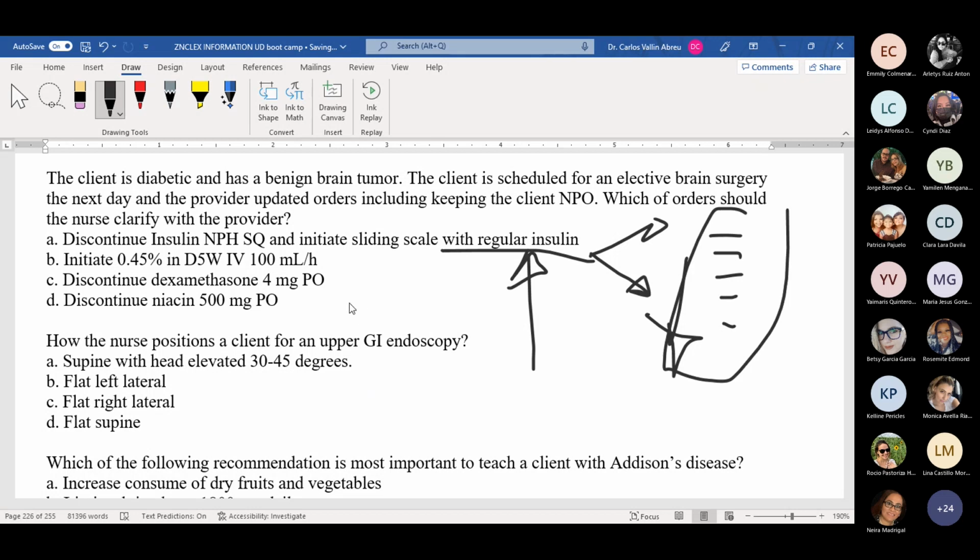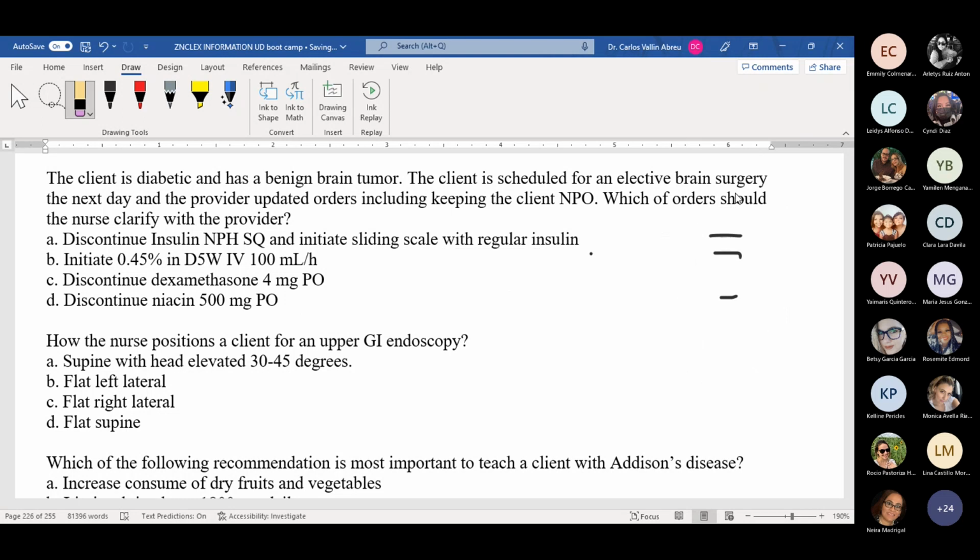If you receive a standing dose of NPH, for example, that has a half-life of around 14 to 18 hours, and you go to surgery in this interval, you are at risk under anesthesia to develop hypoglycemia that could not be detected and could produce brain damage. For that reason, nobody should go to surgery with an intermediate or long-acting insulin or with oral medication. So it's an important detail. So this order definitively is okay. So we rule out this option.